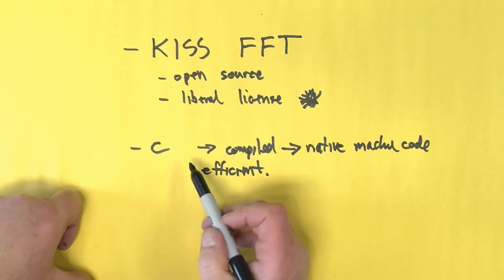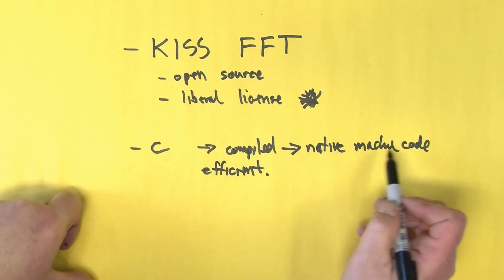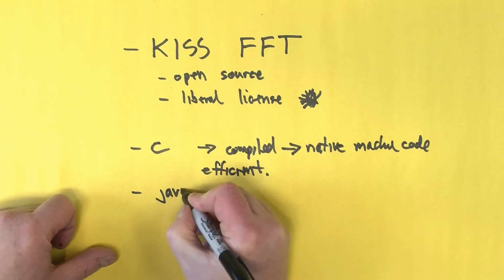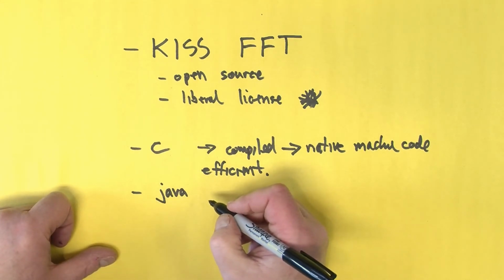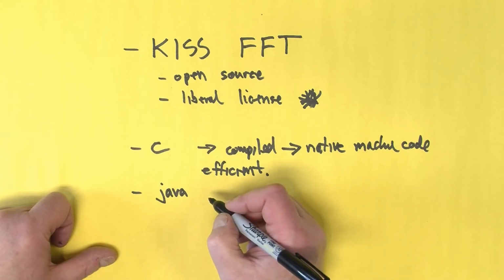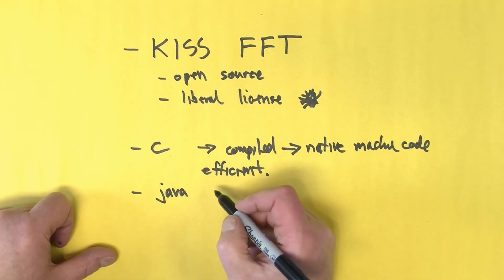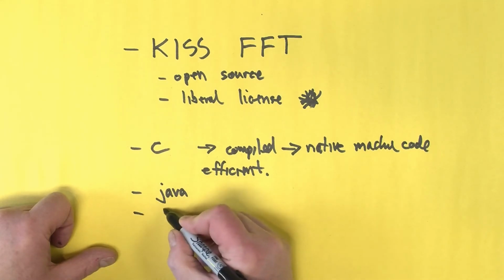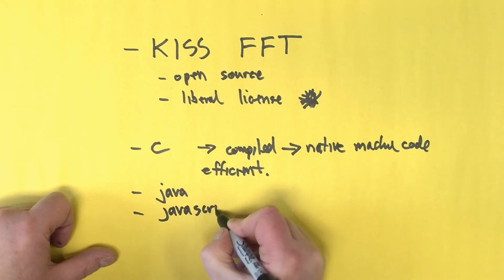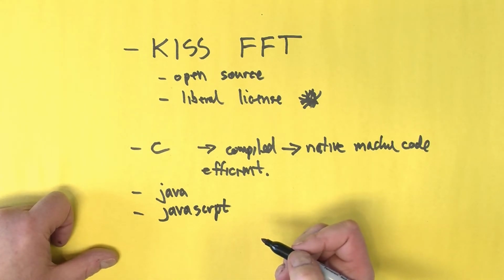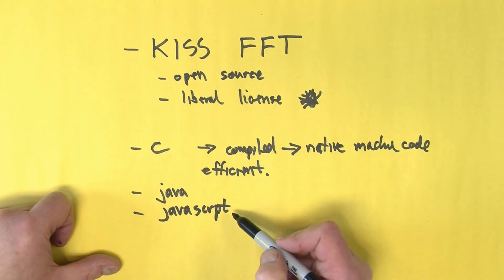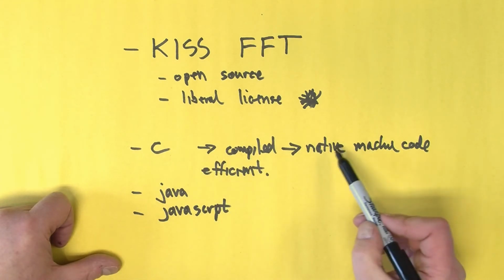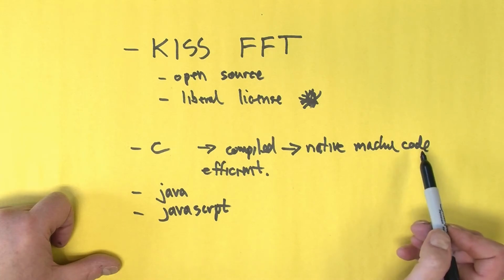Not all languages get compiled to native machine code. In fact, most notably, languages like Java get compiled to an intermediary byte code, which a runtime environment then, on the fly, if you want, translates to machine code. And JavaScript is actually interpreted on the fly. Neither approach is anywhere near as efficient as something like C being compiled right down to native machine code.